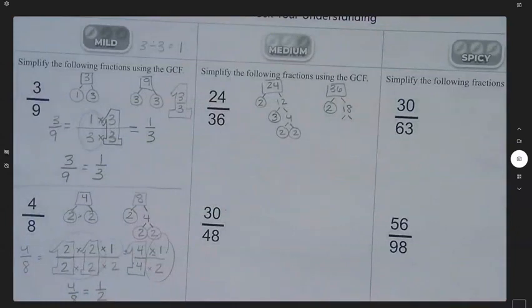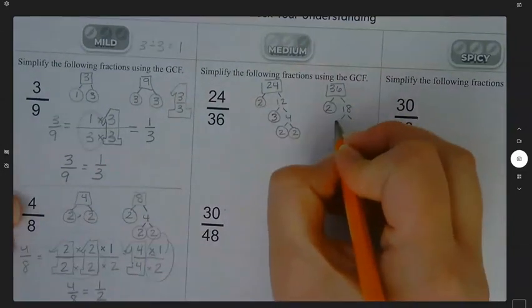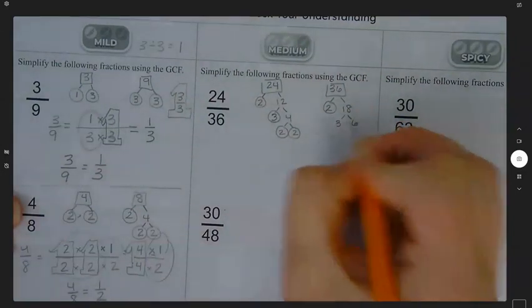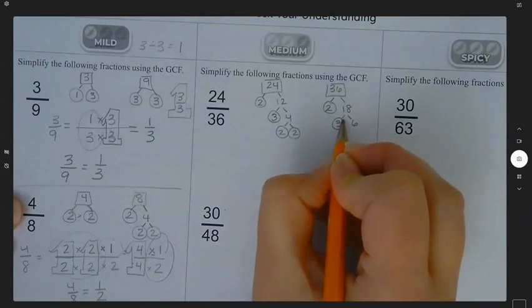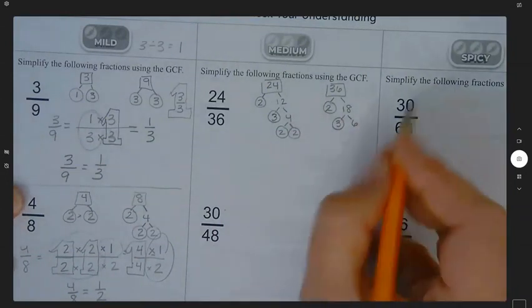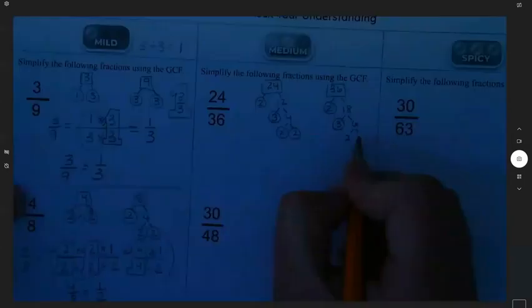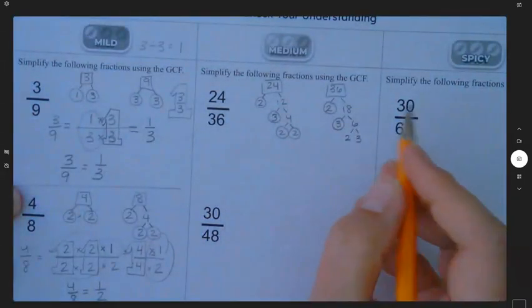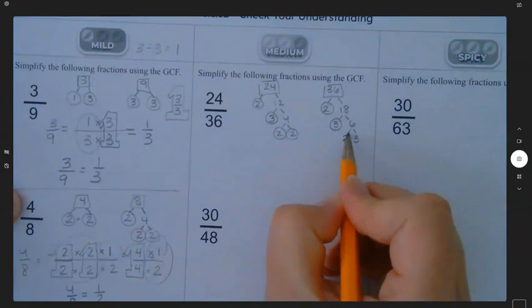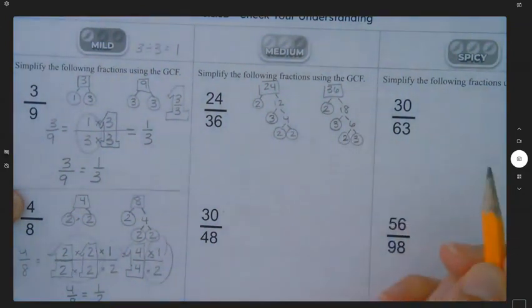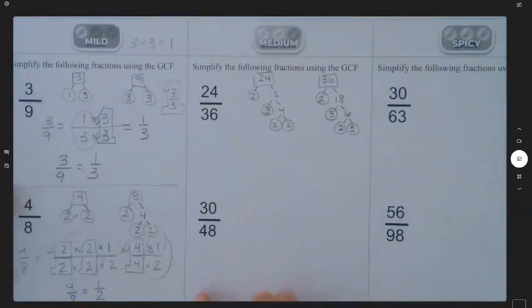And I ask myself, what times what is equal to 18? And I will go with 3 and 6. 3 is a prime factor, so I'm going to circle it. Then what times what is 6? 2 times 3 is 6, so I will circle both 2 and 3 since they are both prime factors.